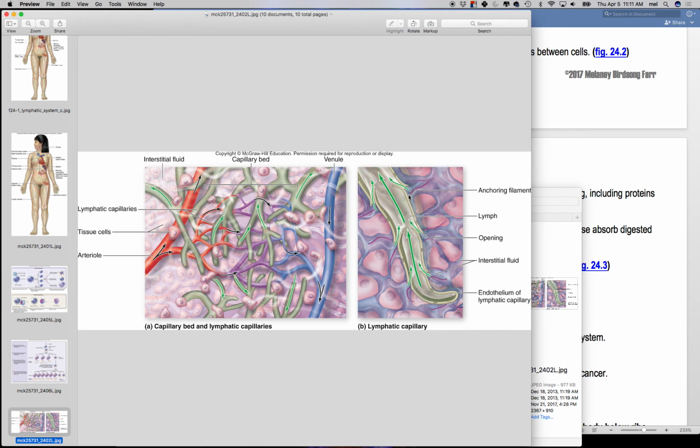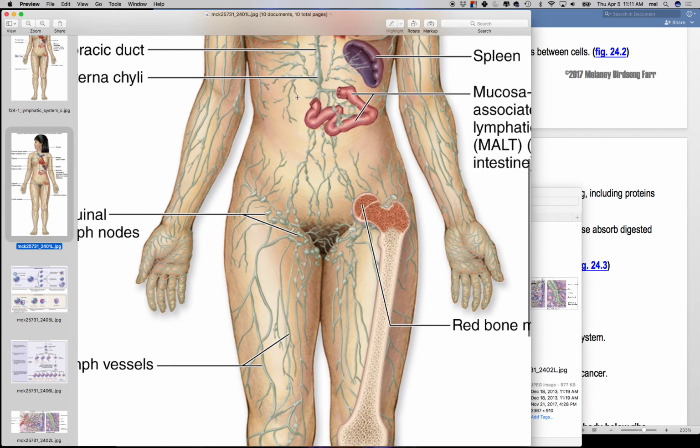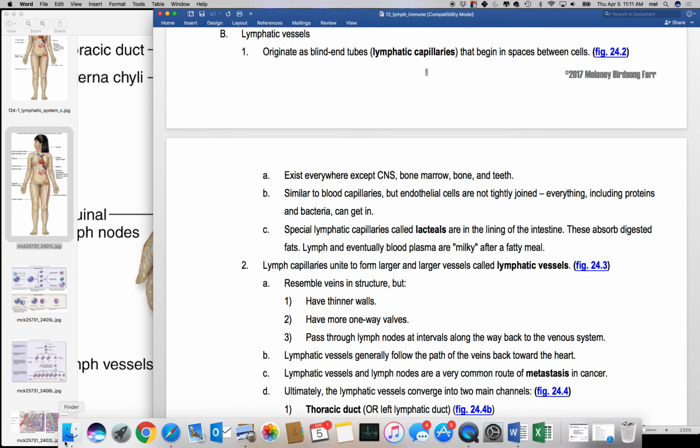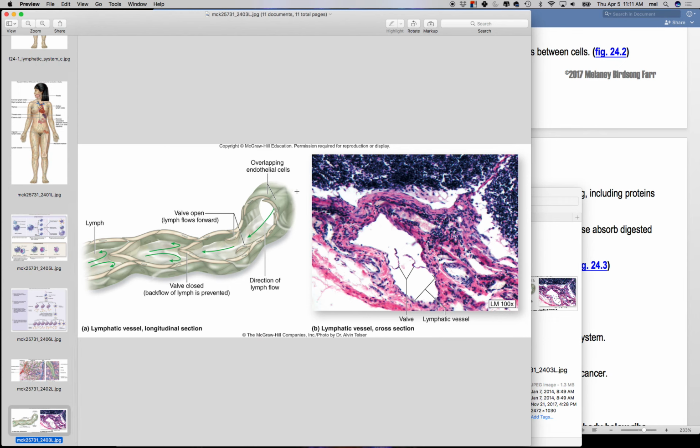So these guys are lymphatic capillaries, and they're microscopic, just like blood capillaries are. But when they unite and get bigger, they actually form these lymphatic vessels. And the lymphatic vessels start moving up toward the cardiovascular system. And the lymphatic vessels have to have tons of valves in them because they are even lower pressure than veins.